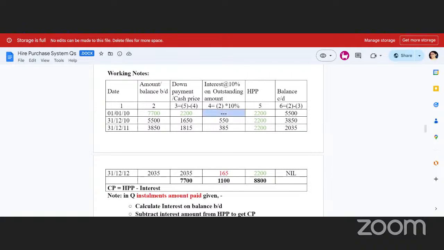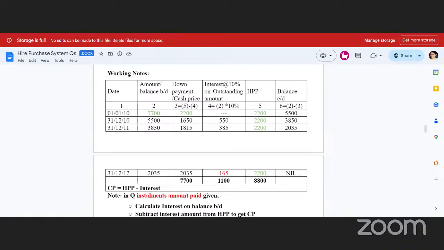So in the year of purchase, in the beginning, he need not pay anything. So 2,200, the initial payment itself, becomes part of the hire purchase price.